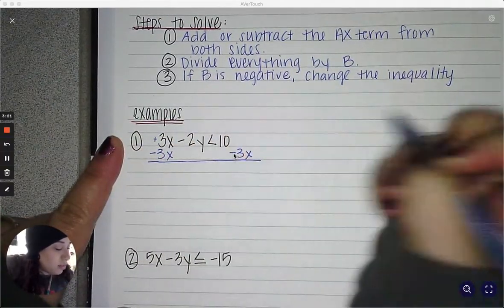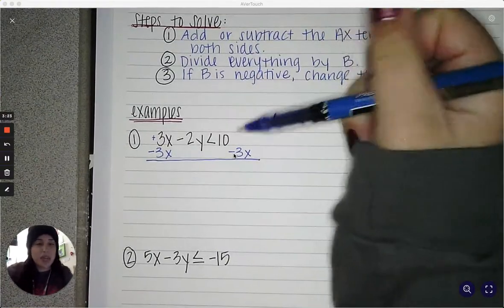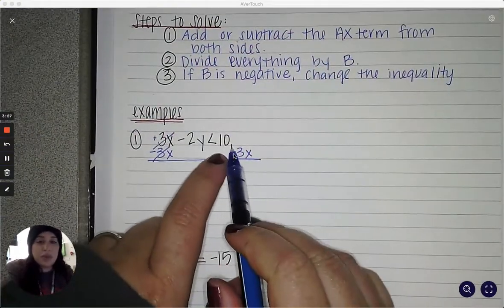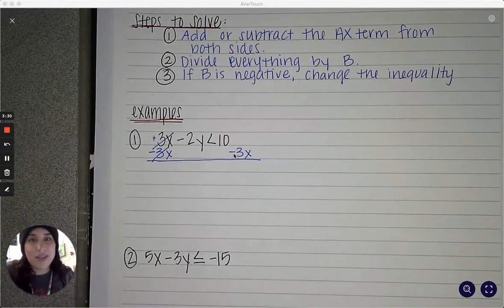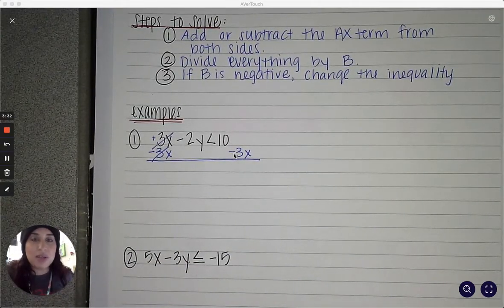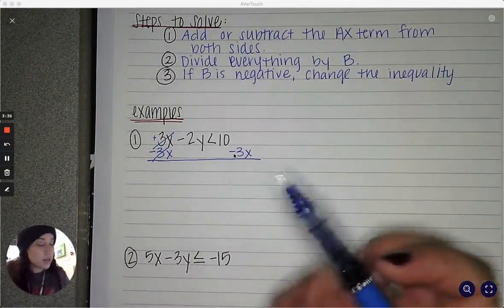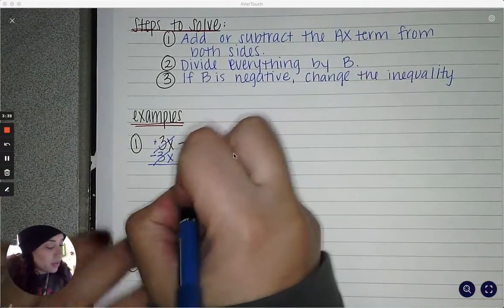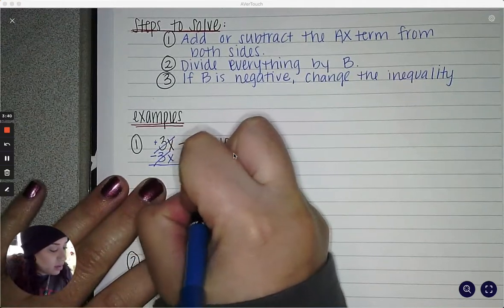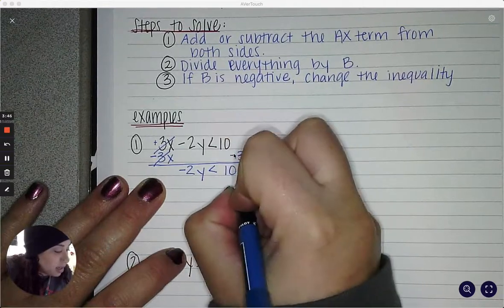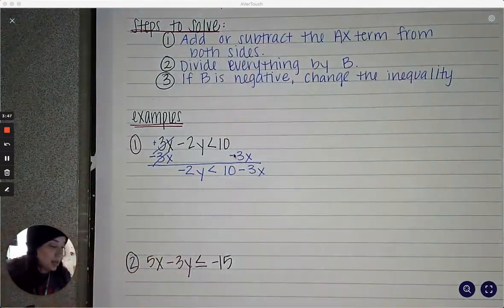The biggest mistake that a lot of people make is when these cancel out, we're good to go. But a lot of people will say, well, 10 minus 3x, that's 7x. We can't do that because they're unlike terms. And we learned about that last week. They're unlike terms. So on the left-hand side, we have a negative 2y is less than 10 minus 3x.